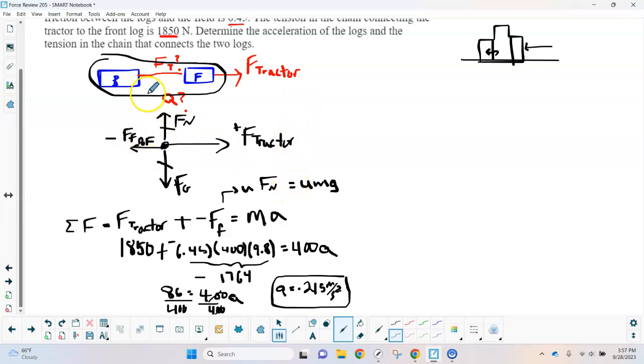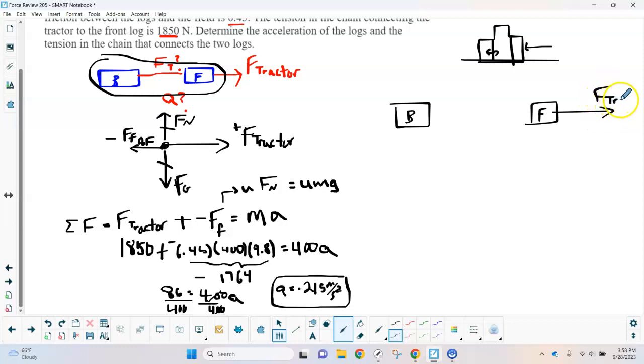Now we need to find the tension in the log. So what we need to do is break the system up into individual pieces. You can really use either one. If we did the back log or the front log, it doesn't really matter. I usually try to think about which is going to be easiest to work with. So this one has the force of the tractor pulling, which we know.